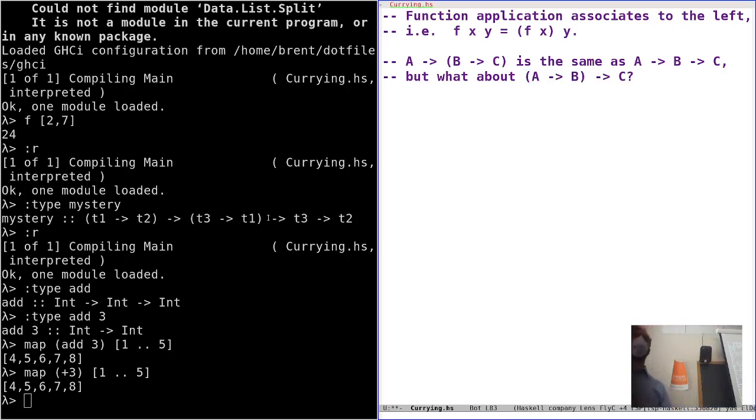Is that the same also, or is that different? The question is, we know those two things on the top are the same, but is the thing on the bottom the same as those two on the top, or is it a different thing?